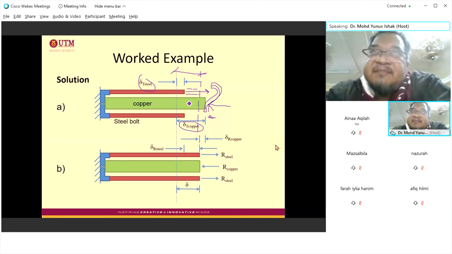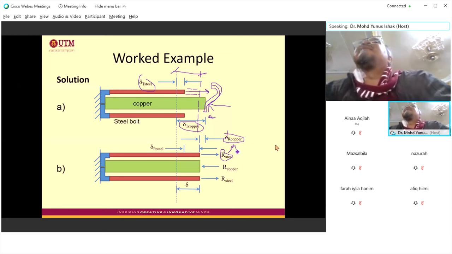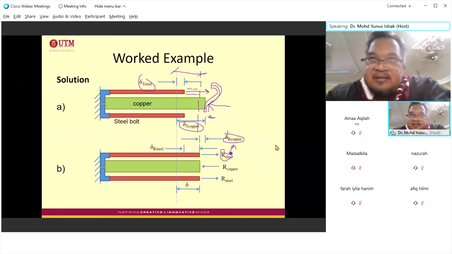Yang pendek kita panjangkan, yang panjang kita pendekkan pada satu garisan. So you need delta R external load, this amount. You apply delta R and you need this amount to elongate until the final line.